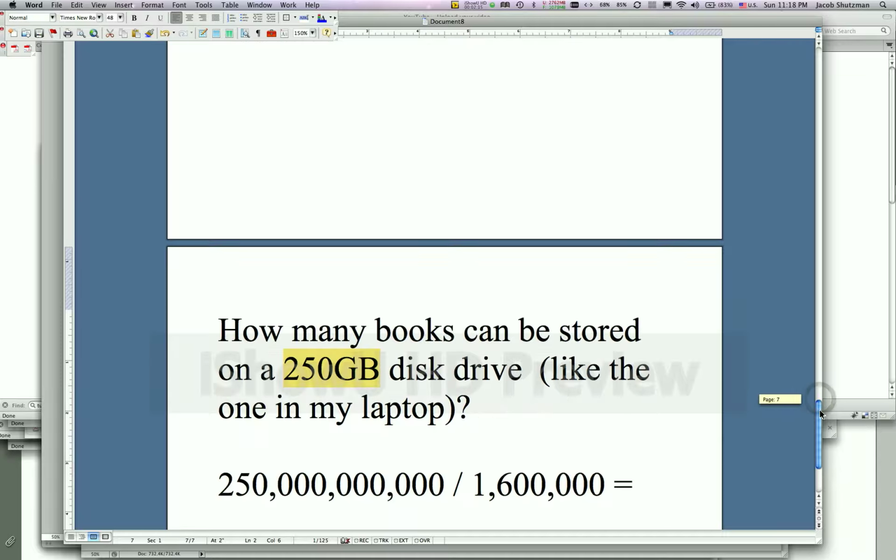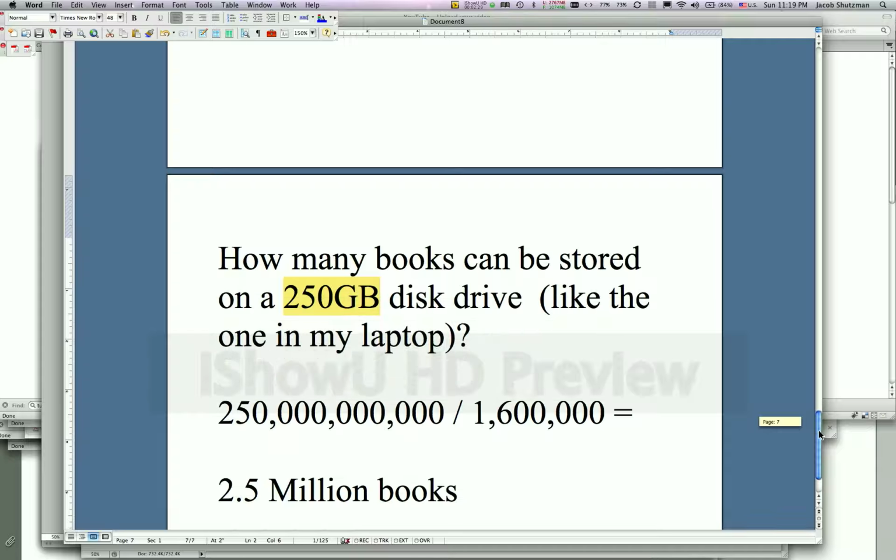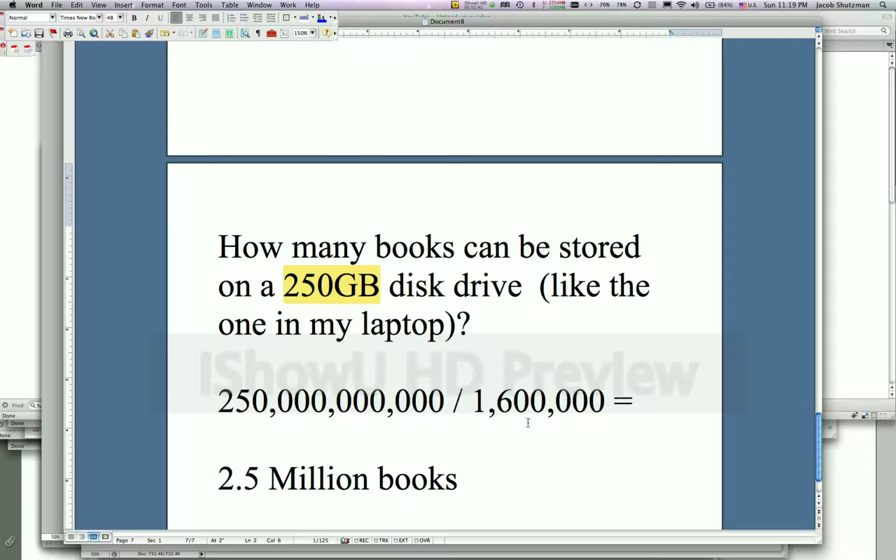So if we do the division, 250 gigabytes or 250 billion bytes divided by 1,600,000, which is 1.6 megabytes, that gives us 2.5 million books. So I can store on my laptop hard drive 2.5 million books. That's quite amazing for a small laptop.